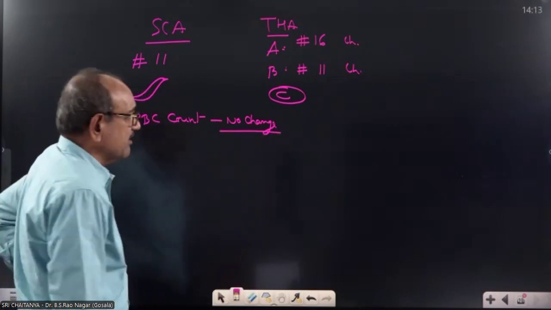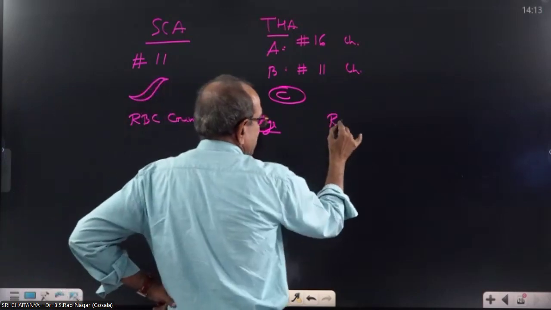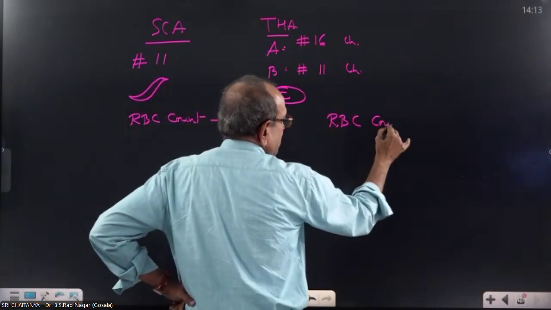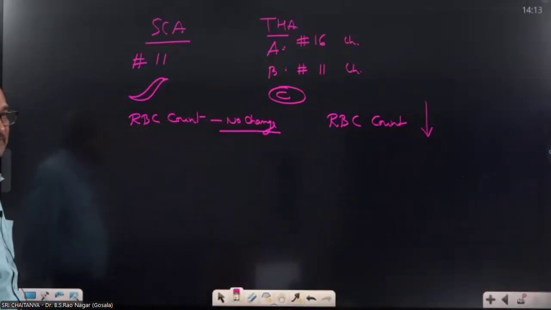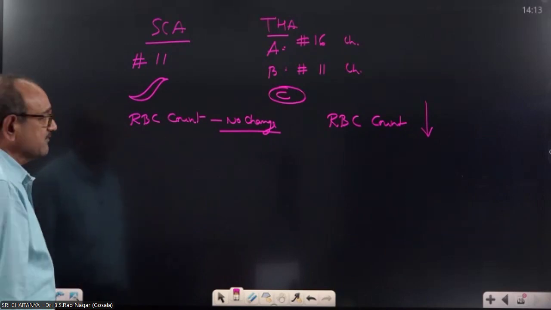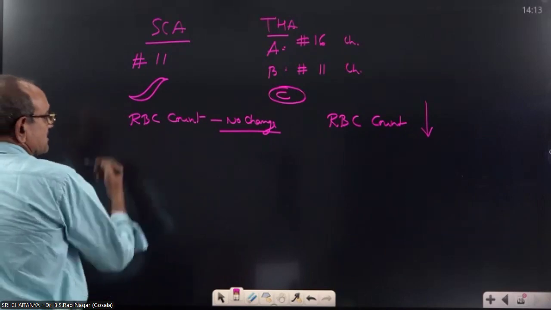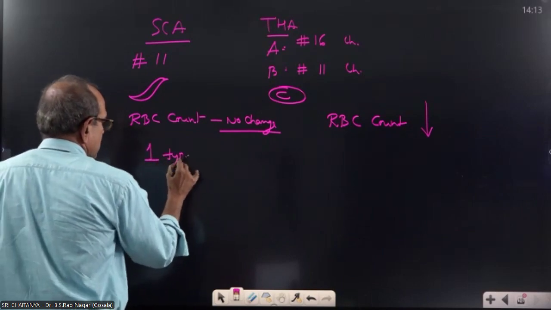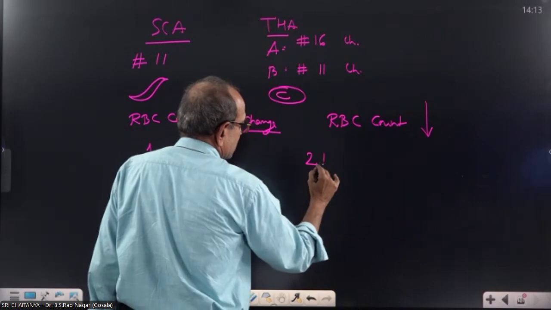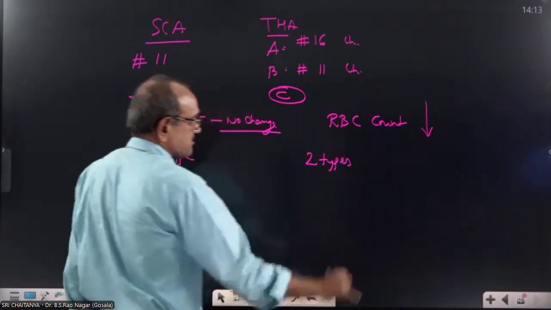But in thalassemia, the RBC count declines. There is a rapid fall in the RBC. Third, sickle cell anemia is only one type, but there are two types of thalassemias.